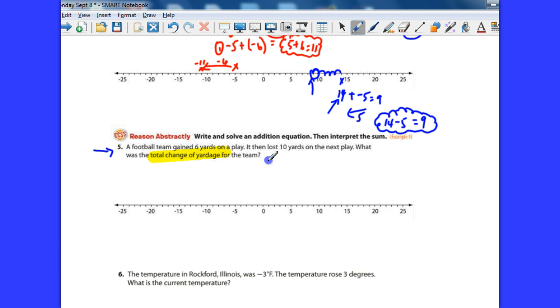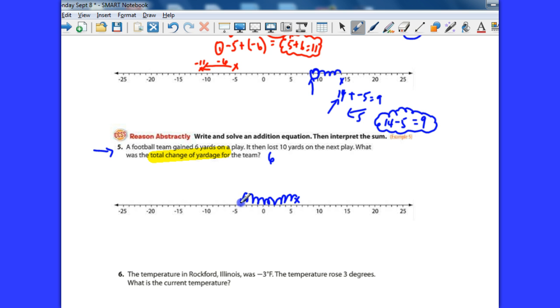So what we know is that they started out at the 6-yard line because they gained 6. So it's like they went from 0 to 6 there. So they started there. And then it says they lost 10 yards. Okay, so they went from here, they went negative 10: 1, 2, 3, 4, 5, 6, 7, 8, 9, 10.